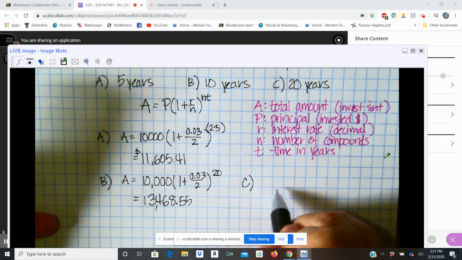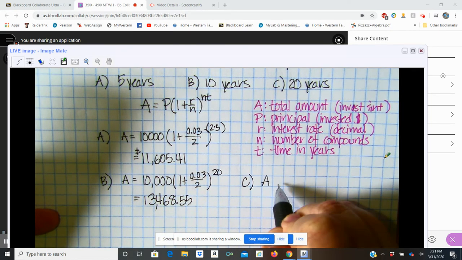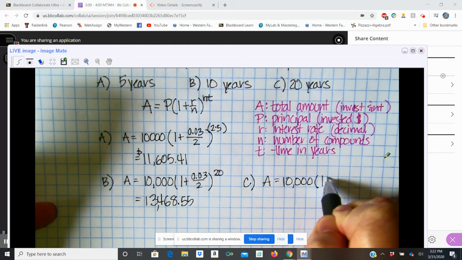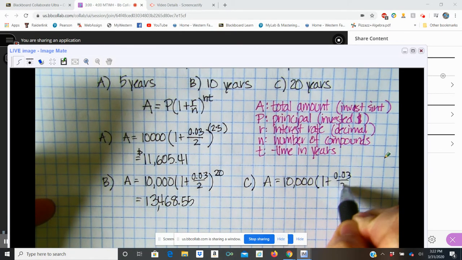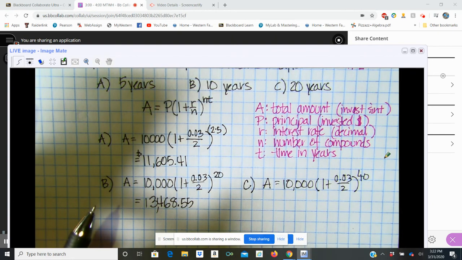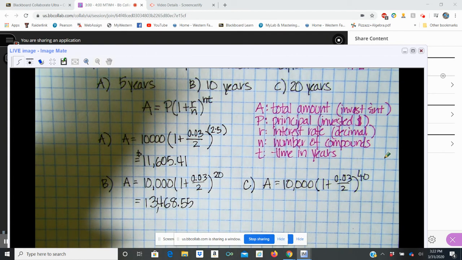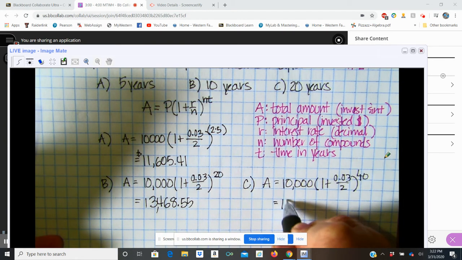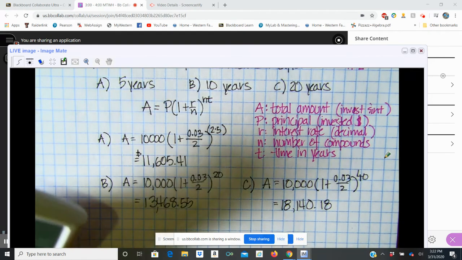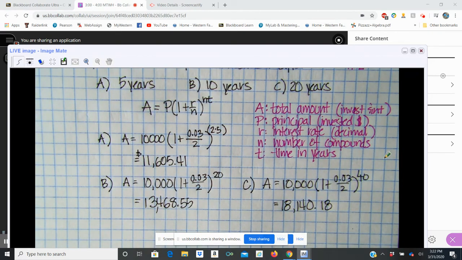And certainly, if you do it for 20 years, it seems like you should eventually double your money. But even after 20 years, we're still not doubling our money. So you can see it will take us several years, more than we thought maybe, to get double our money.